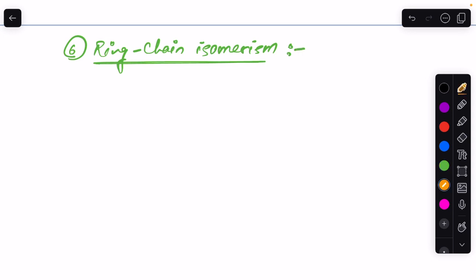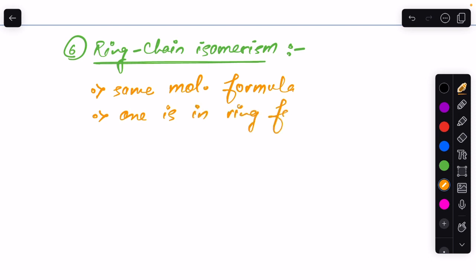So basically, two or more different organic compounds are of the same molecular formula, but one is in ring form and another one is in chain form.